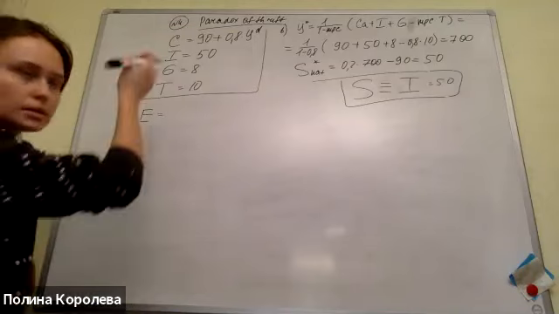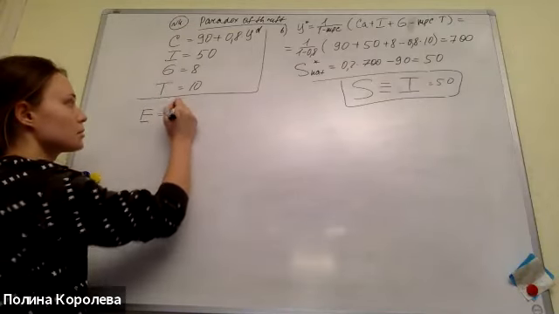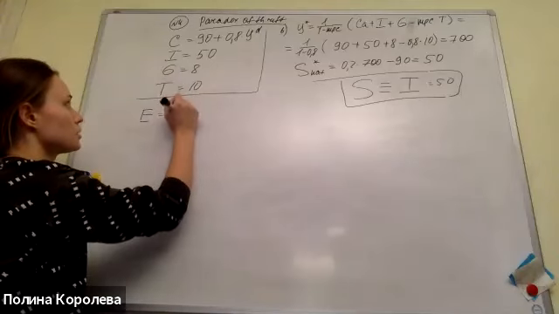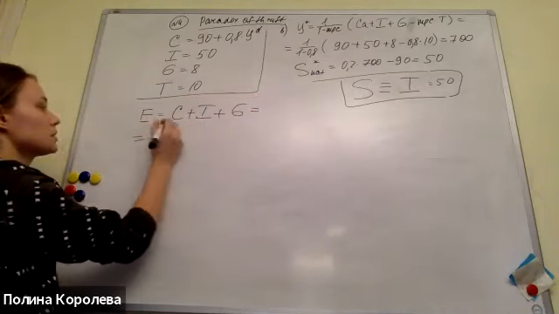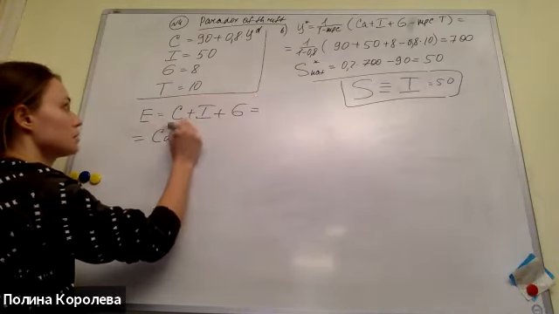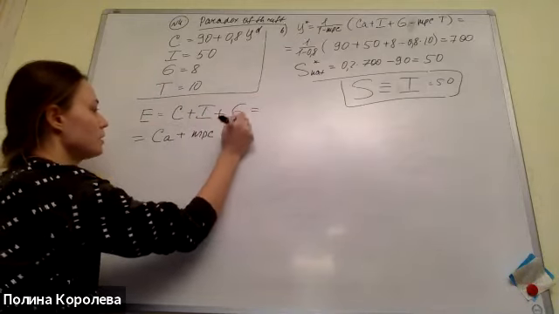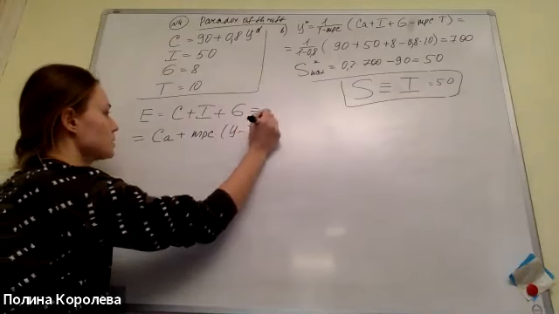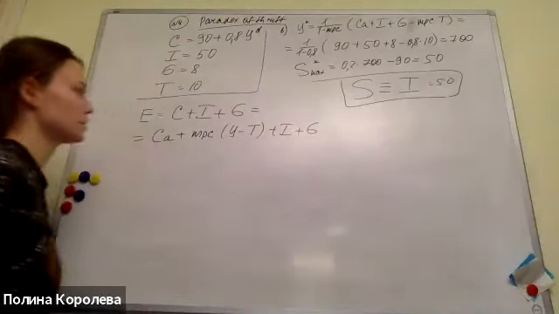As we wrote in the previous task, expenditures is the sum of planned expenditures of all economic agents, C plus I plus J. This is autonomous consumption plus marginal propensity to consume multiplied by Y minus taxes, disposable income, plus investment plus government spendings.